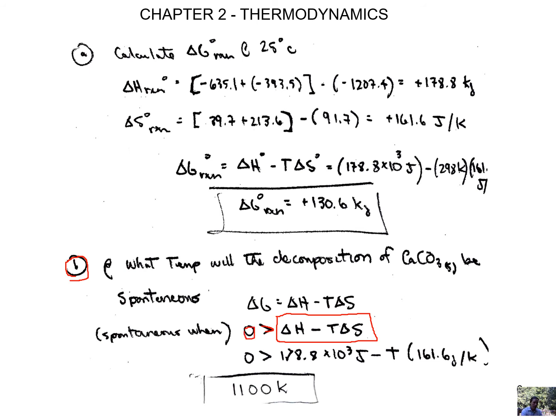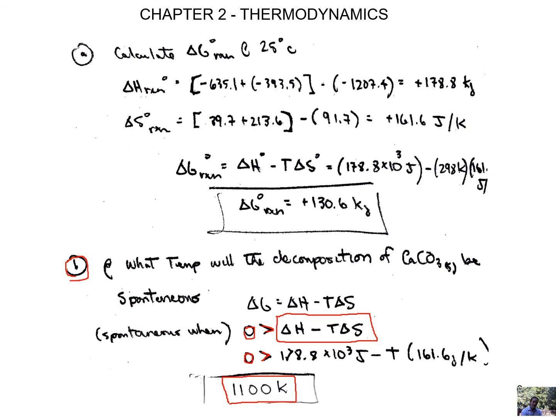So when does that happen? We set our values to be less than 0, and we find that that occurs at 1100 Kelvin. So we need to heat it up to 1100 Kelvin, and at that point we will begin to convert the calcium carbonate to calcium oxide.